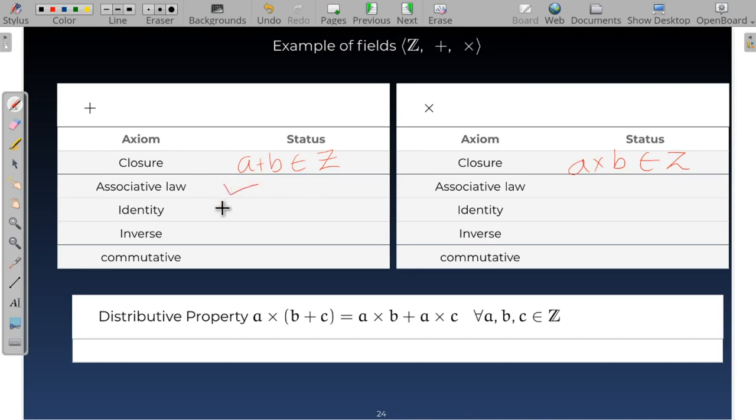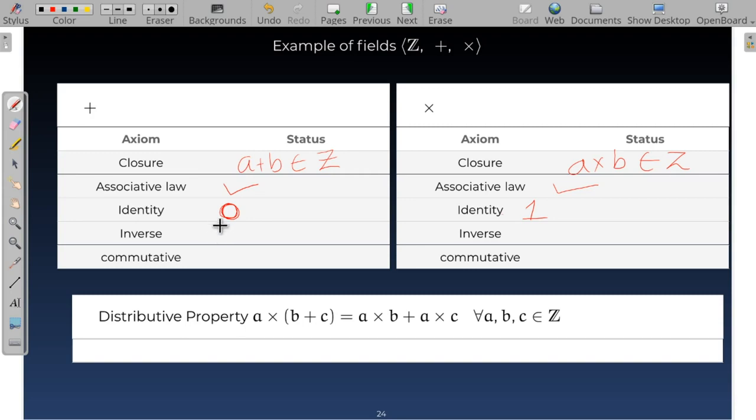The associative law is generally satisfied with respect to addition, and with multiplication there is no problem. Now the identity element with respect to addition is 0, and the identity element with respect to multiplication is 1, and 0 is not part of this multiplicative group, because the multiplicative group is the non-zero elements of this set F. Now this also needs an inverse.